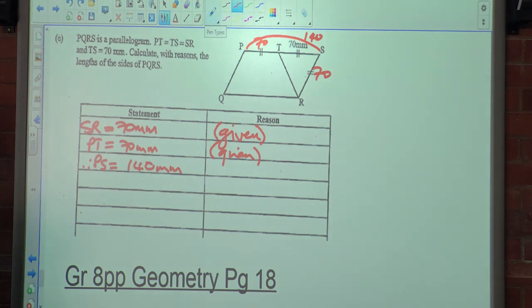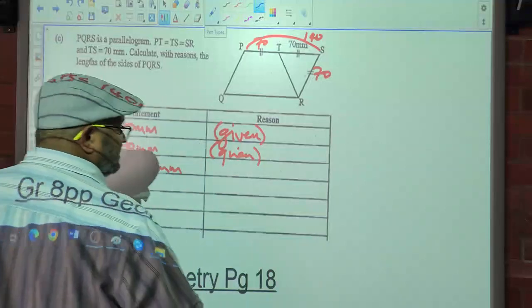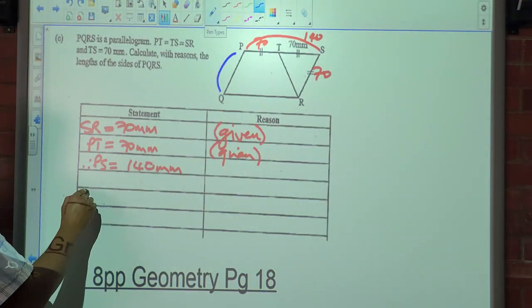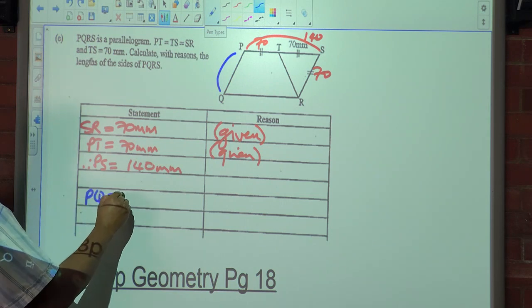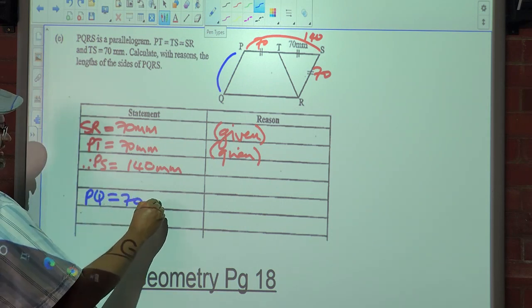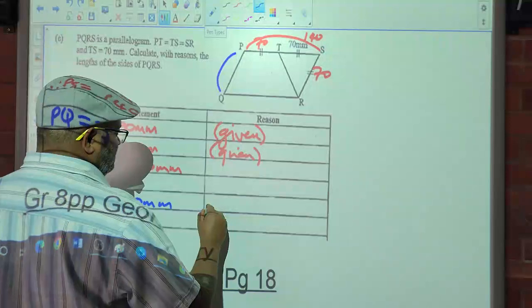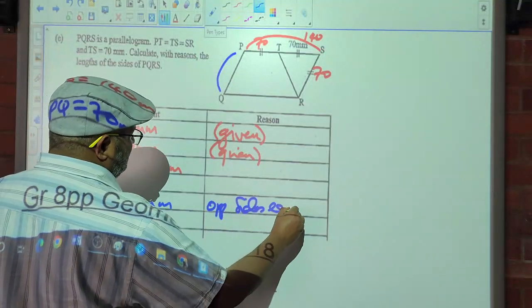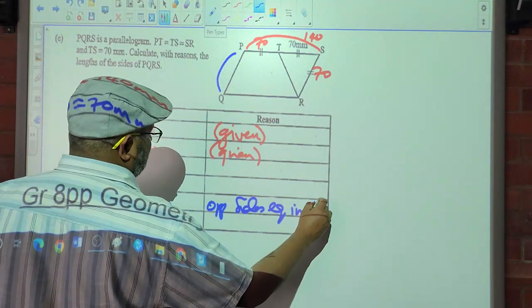Next. PQ. PQ is equal to 70. Why? Opposite sides equal in a parallelogram.